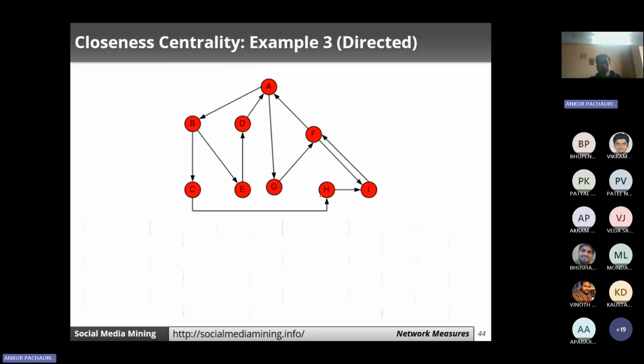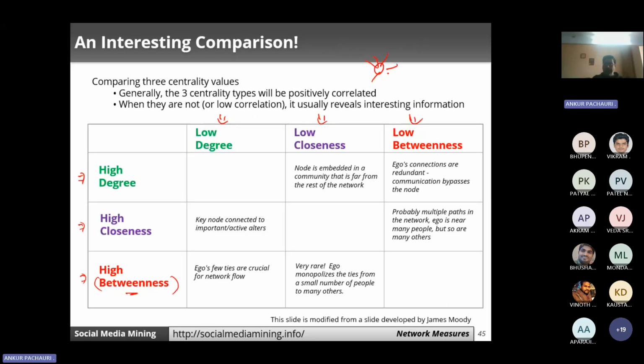So high degree, many persons are connected to you, but a low closeness means you are towards the outer part of the graph. So what is the interpretation? The node is embedded in a community because of the degree, so it is a part of some community, but that community itself is far from the network.